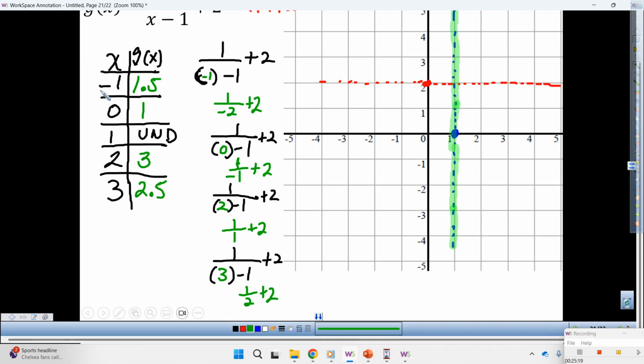All right, let's graph those. Negative 1 and 1.5 is about right there. Let's go to the next one, 0 and 1. So there we can graph our little curve with our arrows.